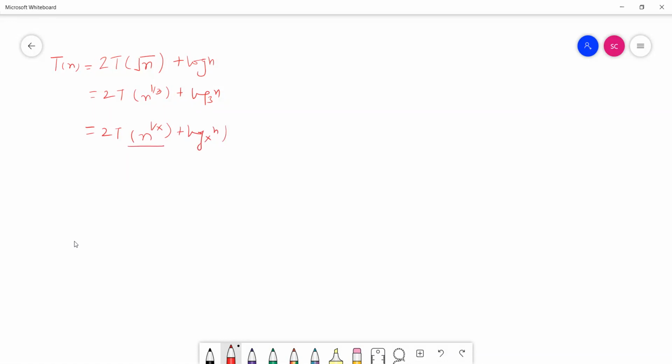Okay. So how to solve this type of question? Here we are getting n to the power 1/2, here n to the power 1/3, here n to the power 1/x. Here log base 2 of n, here 3 so log base 3 of n, here x so log base x of n. So how to solve these questions? The x value will be the same. Always remember this thing.